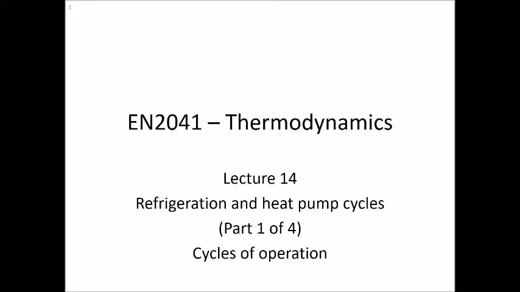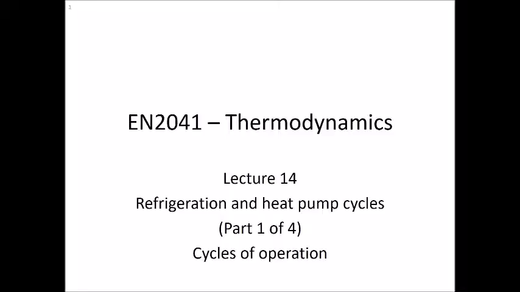It's a bit of a strange one, really, because what we're going to do is take the principles that we've already learnt with the Carnot cycle and with the Rankine cycle as well, and we're going to turn them backwards. In some people's minds, it's a bit strange to go from systems where we looked at power generation, essentially work generation, where heat energy is converted into work in some fashion.